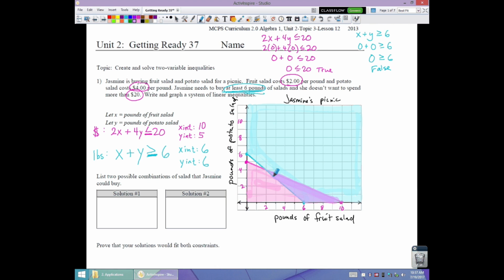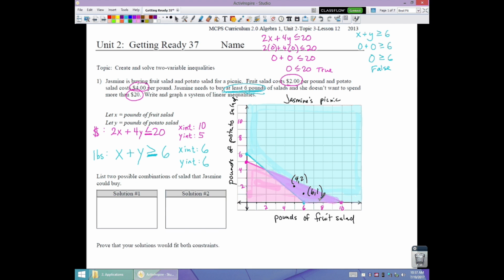So any points in this, what is now a purple section, any of those points should be possibilities for Jasmine. So let's go see what we can find in here. It doesn't matter which points, and they can be on the line. That would be okay. I can tell that 4, 2 is definitely in there. And I can tell that 6, 1 is definitely in there.